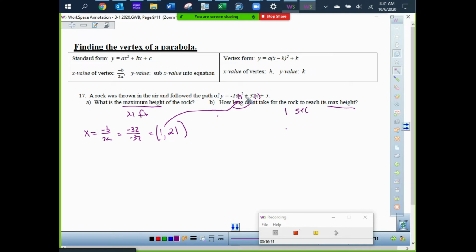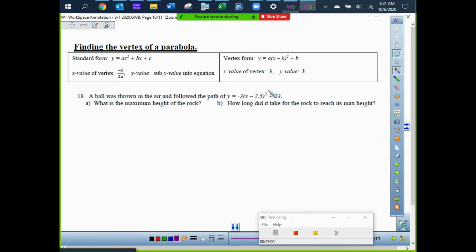Those were in standard form, ax squared plus bx plus c. Is this parabola right now in standard form or vertex form? Tell your neighbor. That's in vertex form. So the vertex should be h comma k.